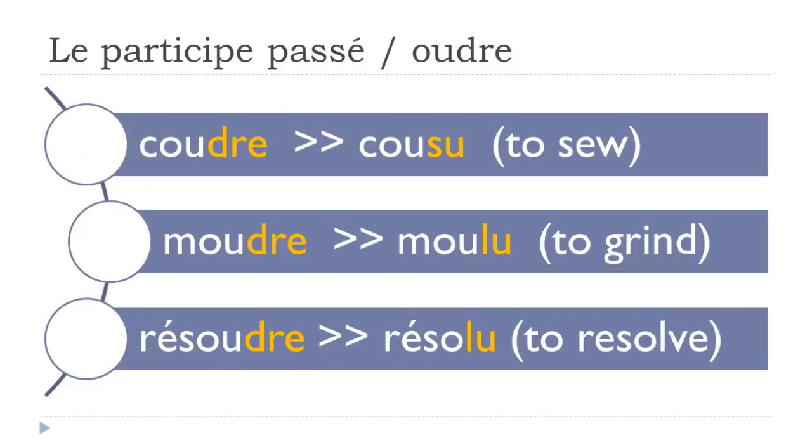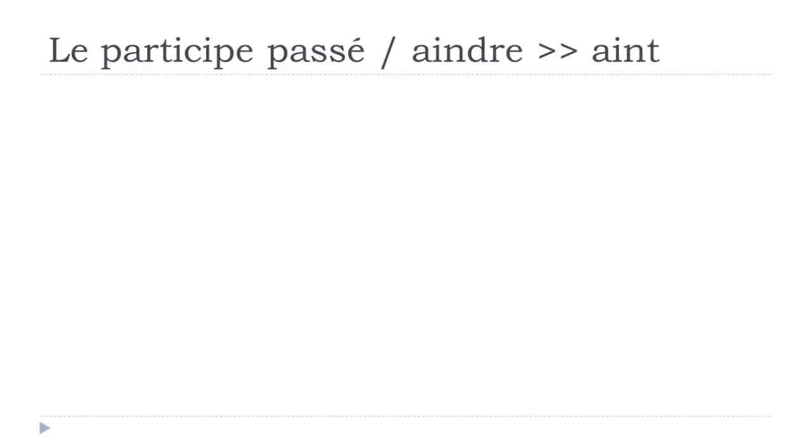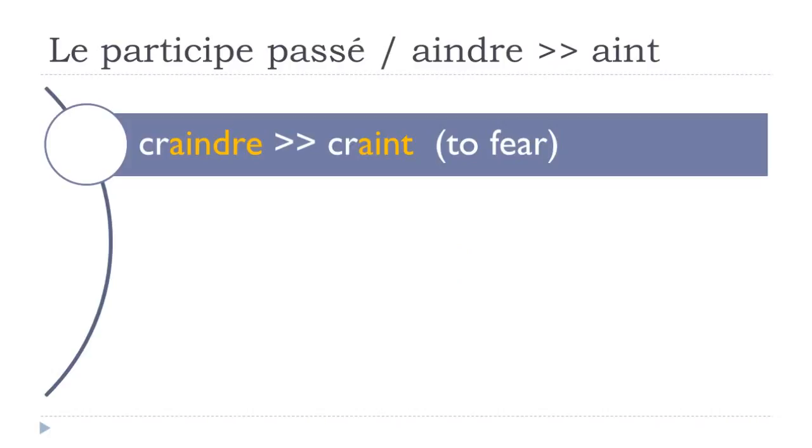So you should learn these verbs and the other irregular ones by heart if you really want to master this participe passé form and all the composed tenses that use the participe passé. Okay, but then let's continue the groups. Verbs ending with A, I, N, D, R, E will become A, I, N, T. A few examples.